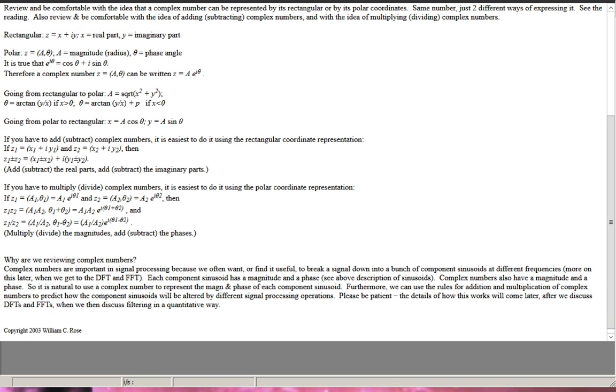Like it'll show up as 45 degrees, minus 45 degrees, or actually between 0 and 360.